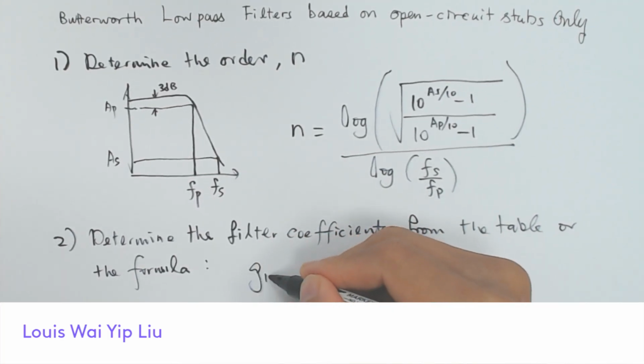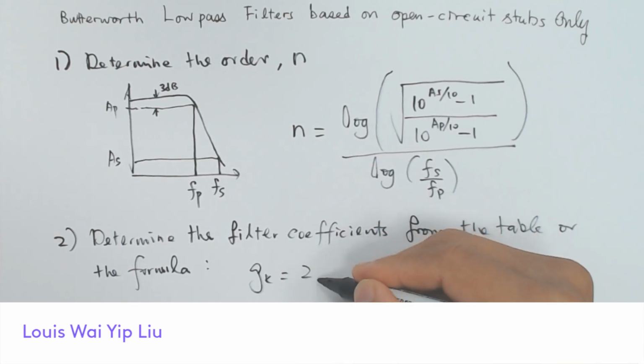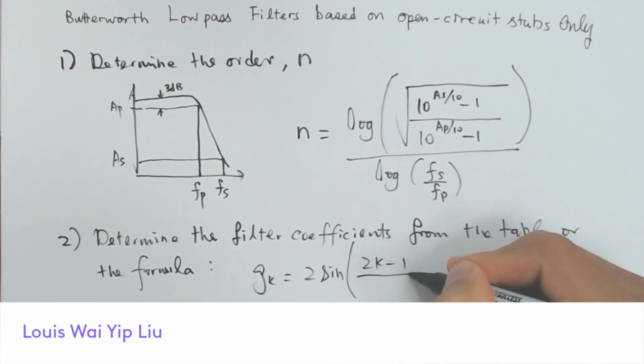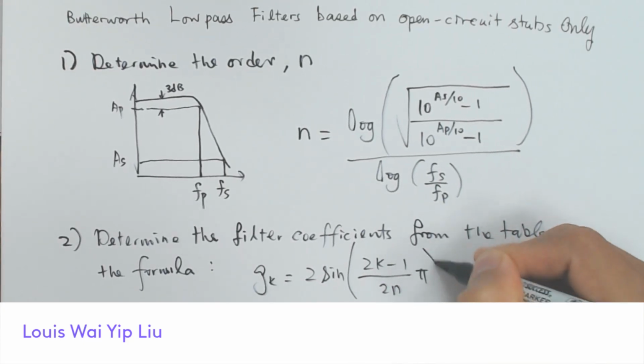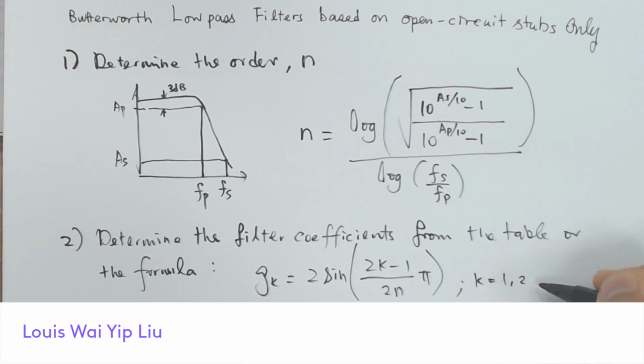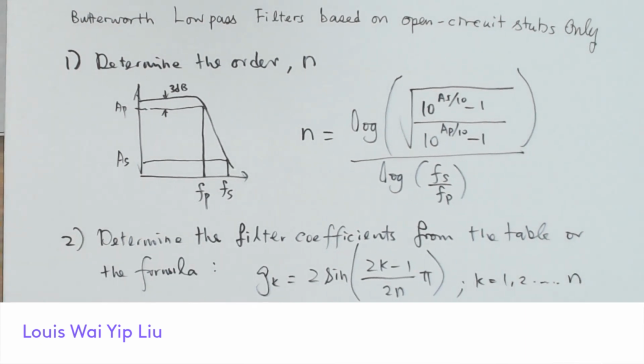The formula is very simple. For Butterworth filter, the formula is this. K here is equal to 1, 2 until n.